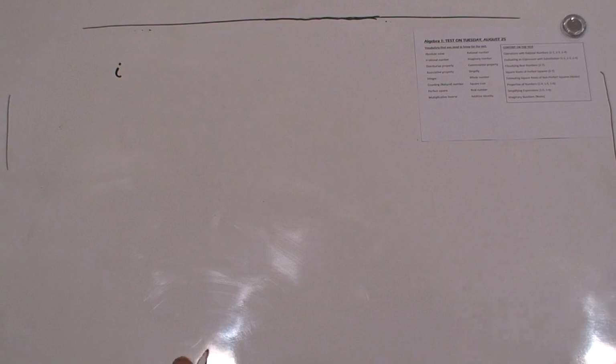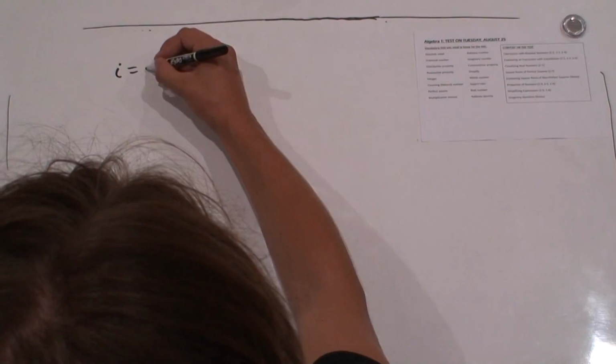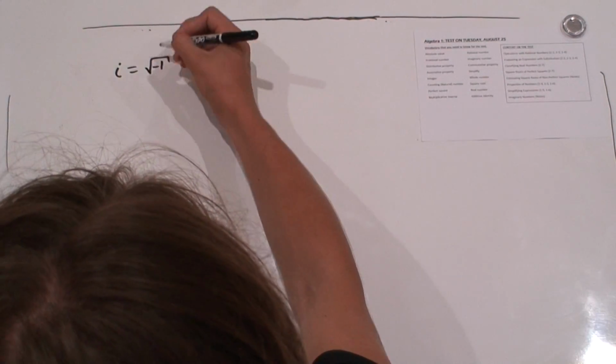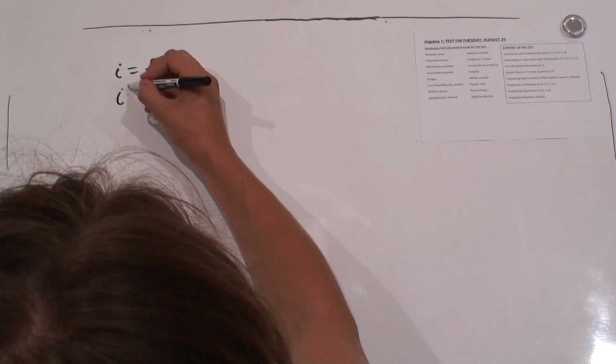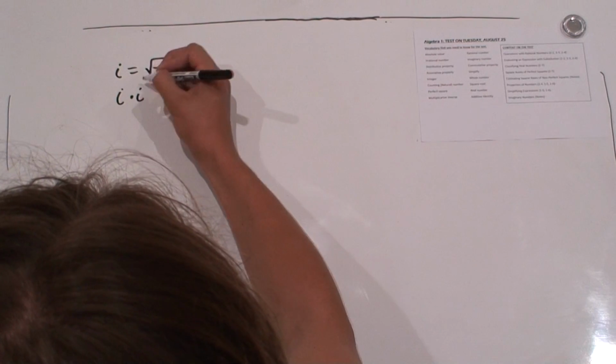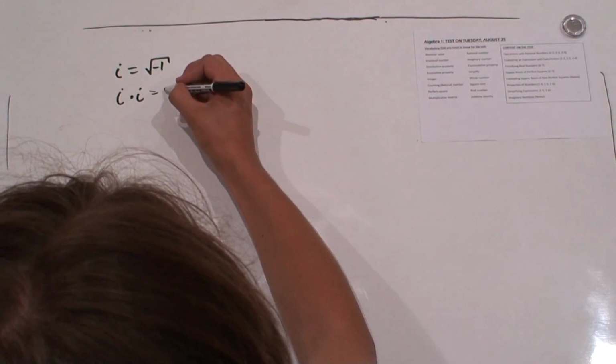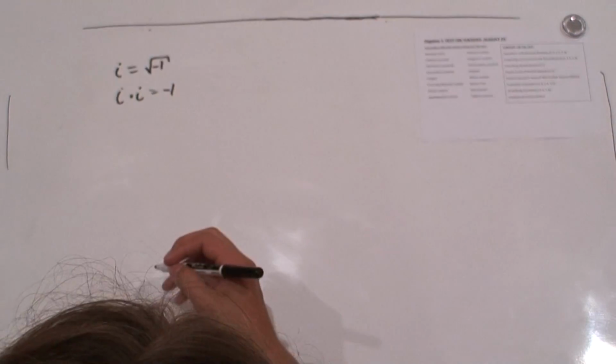Okay, so this video will be all about our best friend, the imaginary number i. So i is equal to the square root of -1. Another way you can say it is if you take i times itself, you would get -1.